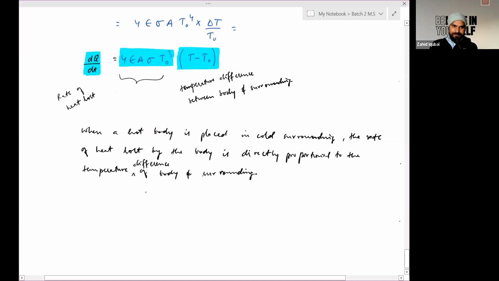Okay. So from this statement, let me define some terms related to this expression. You may write rate of heat loss proportional to temperature difference, that is T minus T naught. Rate of heat lost is dQ by dt, and since it is being lost, there will be a negative sign.